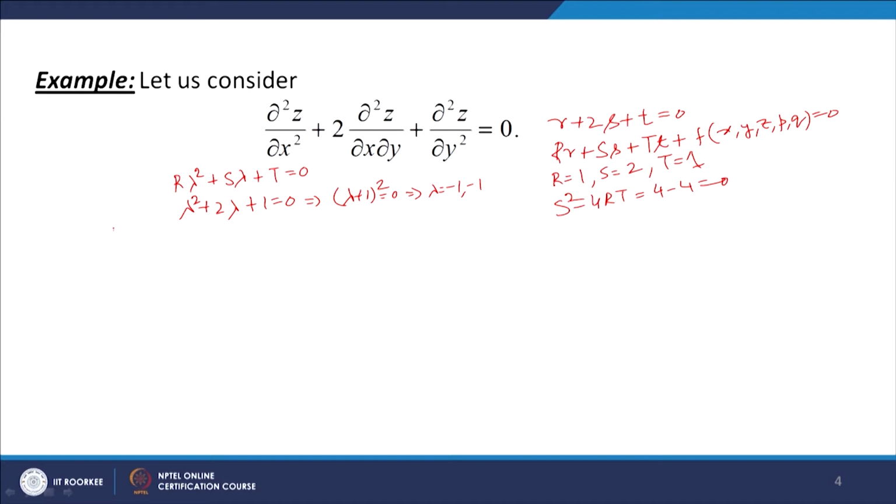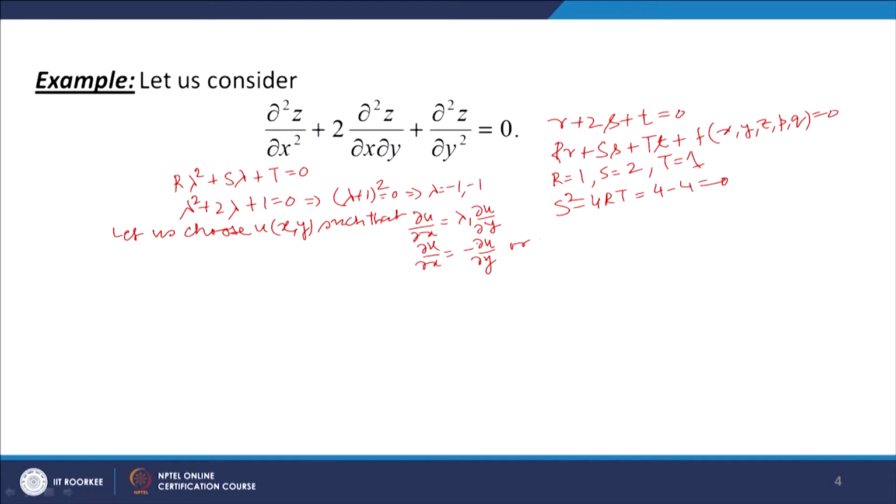So let us choose u(x,y) such that the partial derivative of u with respect to x equal to lambda 1 times the partial derivative of u with respect to y, which gives you u x equal to minus u y, because lambda 1 is equal to minus 1.